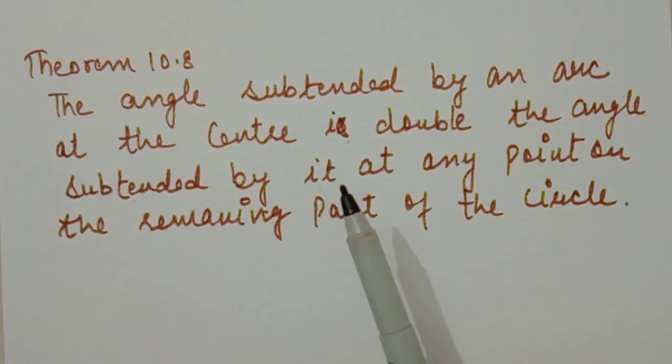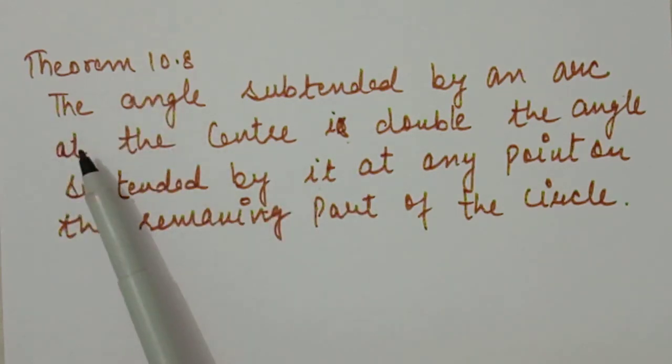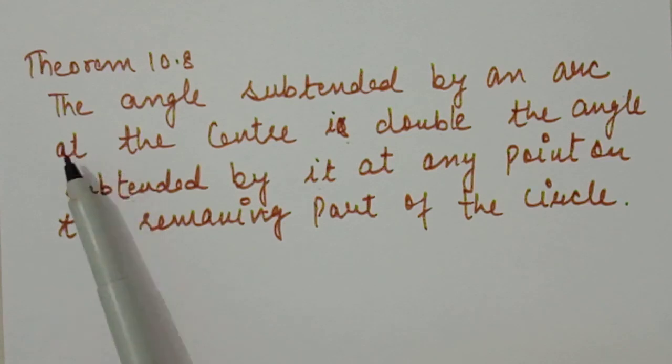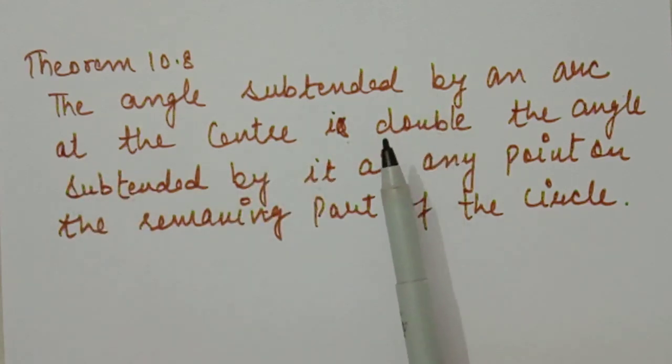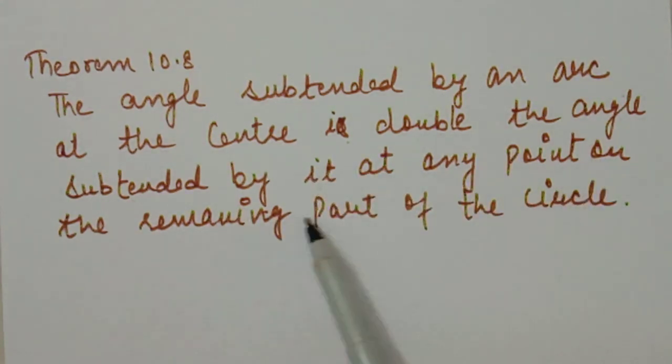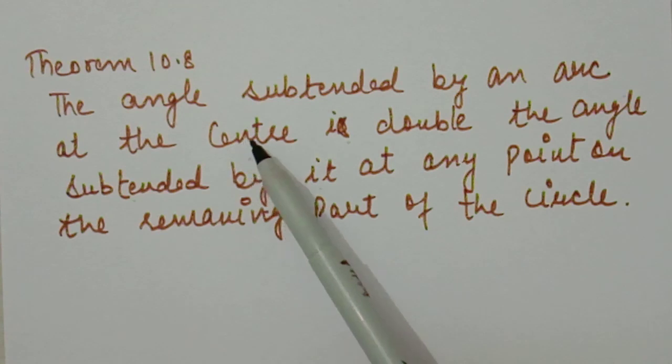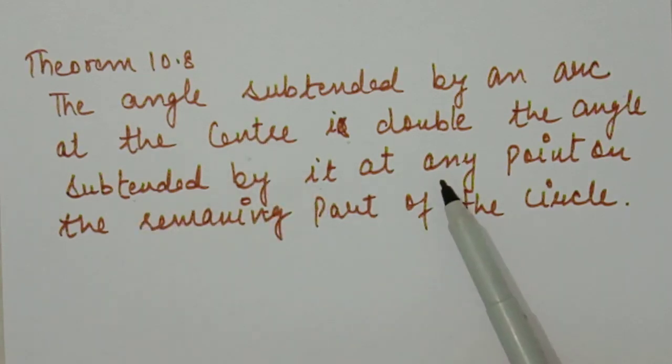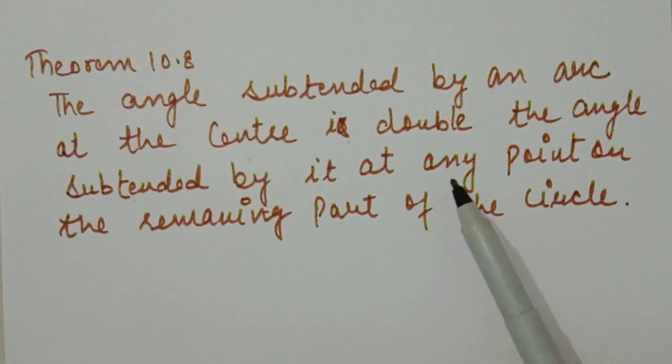If one arc is making an angle at the center, that angle is double the other angle, which is made by the same arc at any other point on the remaining part of the circle, meaning at any other point on the circumference. A continuous piece of the circumference of the circle we call an arc, and that arc makes an angle at the center and another angle at the remaining part of the circle.